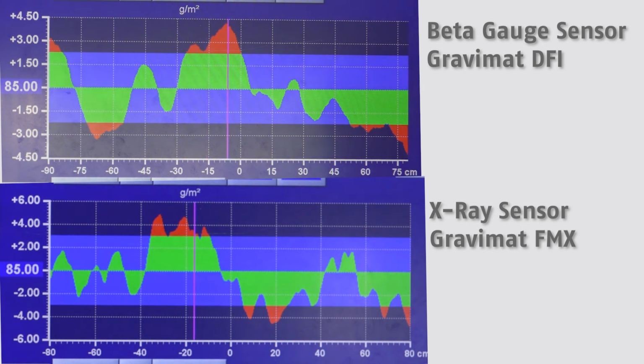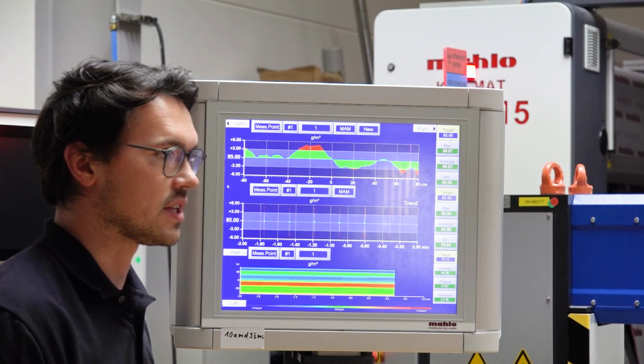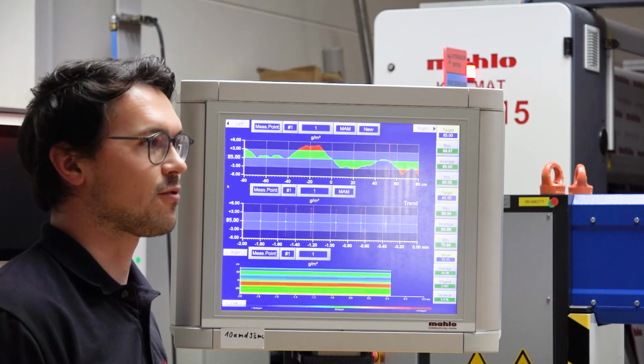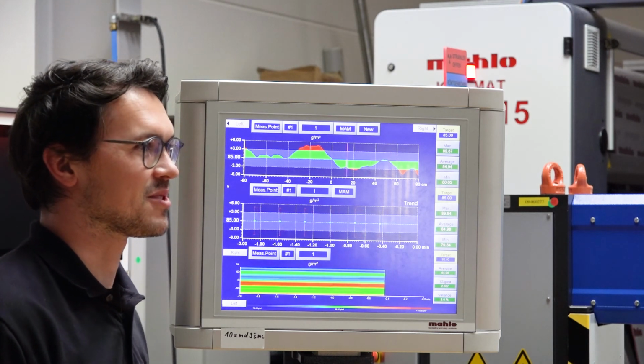And we can clearly see that the results are similar to each other, and that it depends on what purpose you want to use the sensor for, and if you have, of course, trouble with the radiation manager, for example, at the customer's facility. But in both cases, we reached a very positive result, and that's common for our measuring systems.